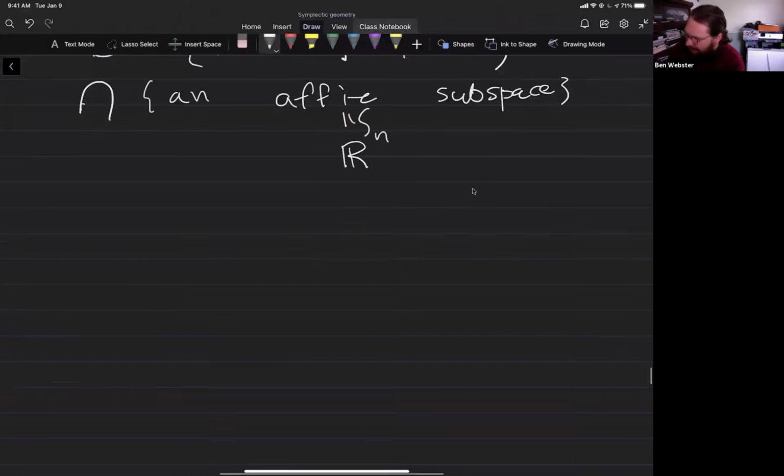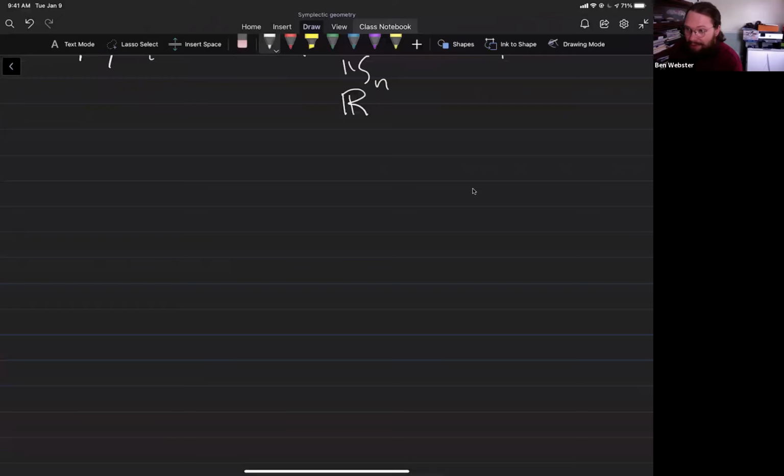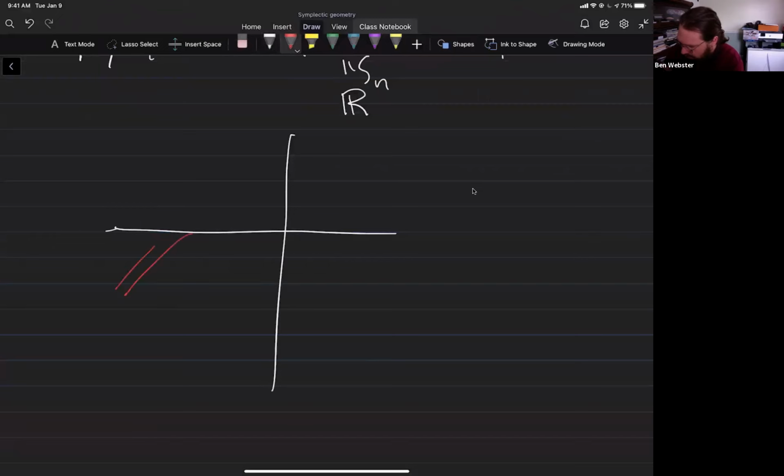Unfortunately, you can only really draw this very effectively in very low dimensions. For example, if I want to construct the line segment in this way, I take R2. Here I have my negative orthant.